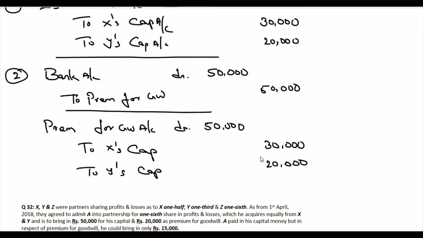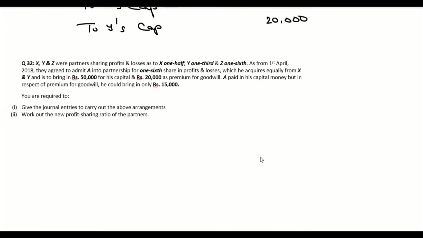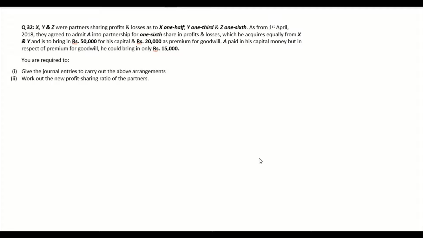Now let's move on to the next question. Question number 32. X, Y and Z are partners sharing profit and losses as X 1/2, Y 1/3 and Z 1/6. From 1st April 2018, they agreed to admit A into partnership for 1/6 share in profit and losses, which he acquires equally from X and Y, and is to bring rupees 50,000 for his capital and rupees 20,000 as premium for goodwill.